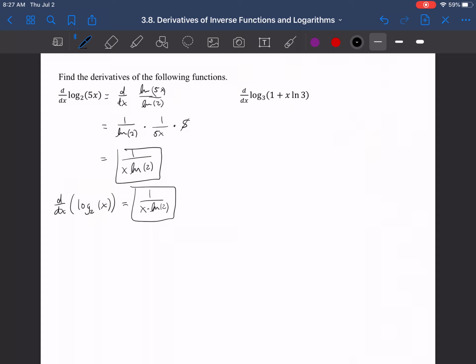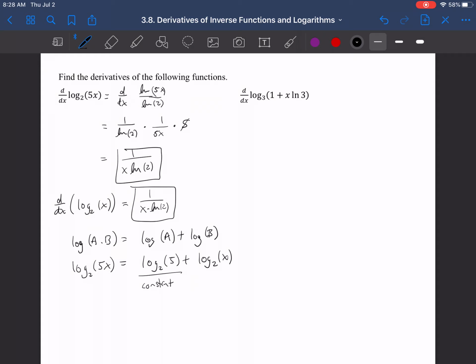Well, you have to remember that log of a times b is equal to log of a plus log of b. So if we take log of 5x, it's going to equal log base 2 of 5 plus log base 2 of x. And this is just a constant.